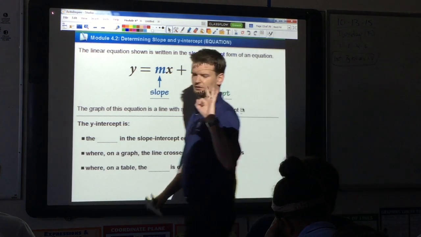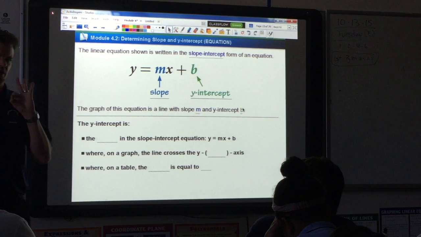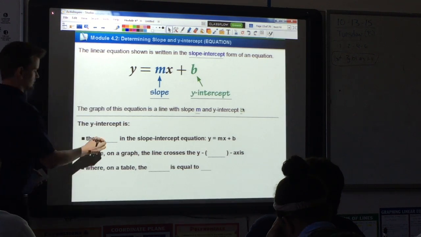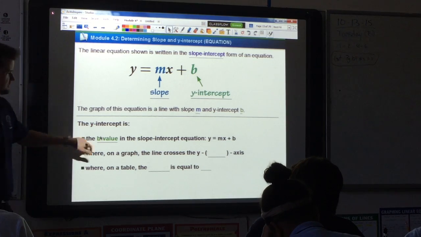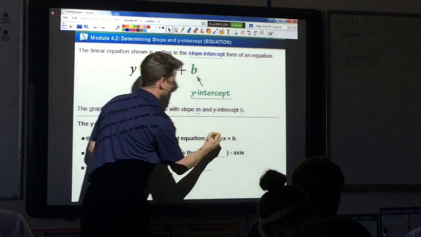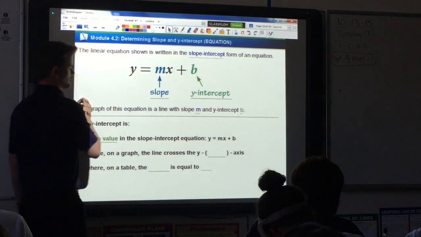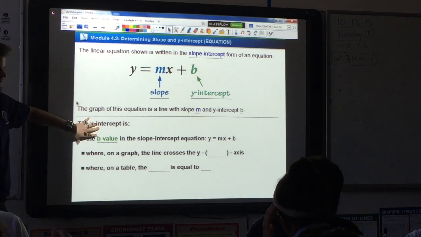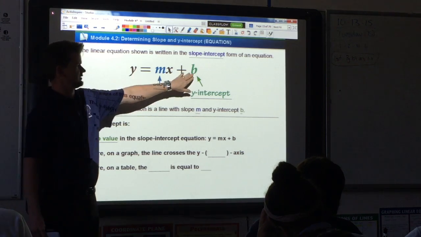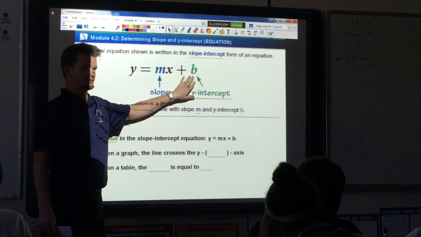There are 3 different ways we can identify the y-intercept. From an equation, the b value in the slope-intercept equation, y equals mx plus b, is your y-intercept. When we have an equation in this form, the b value is always going to be your y-intercept. Simple. Easy to spot.